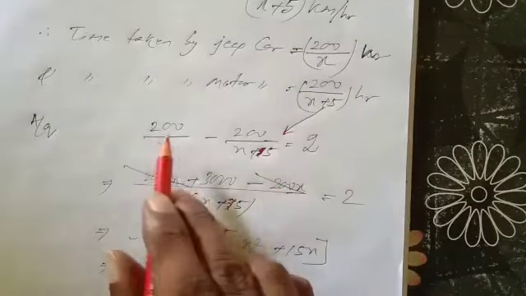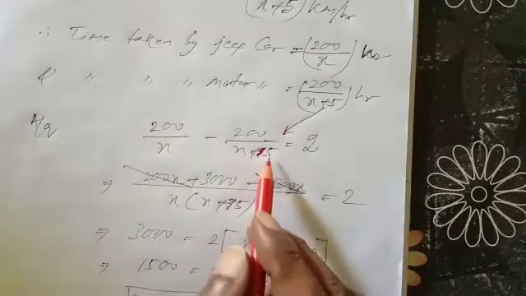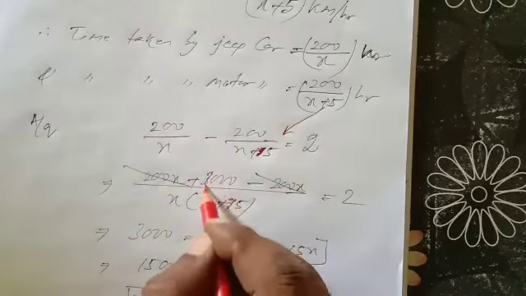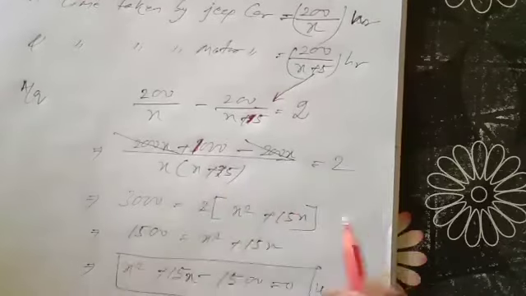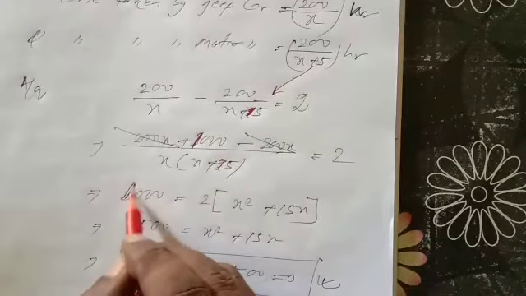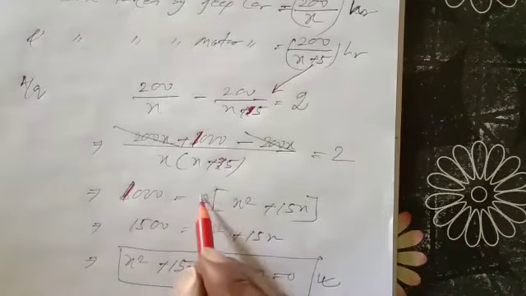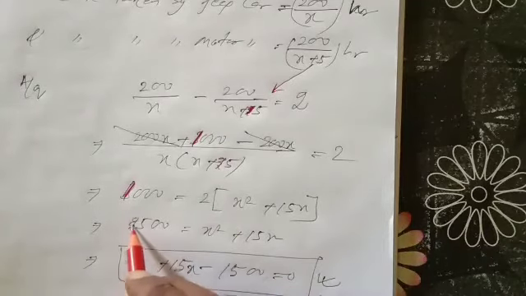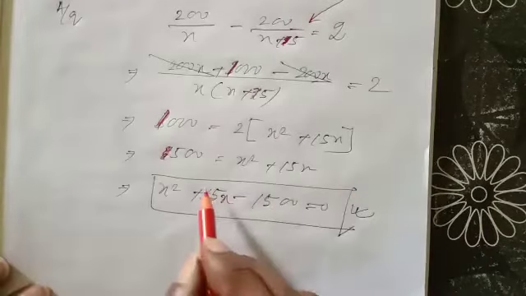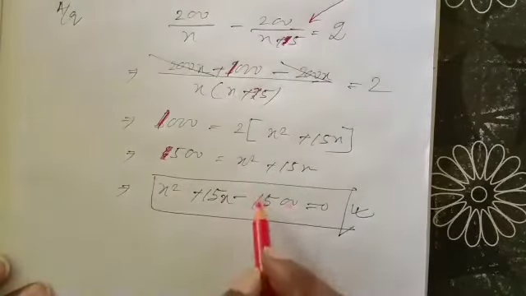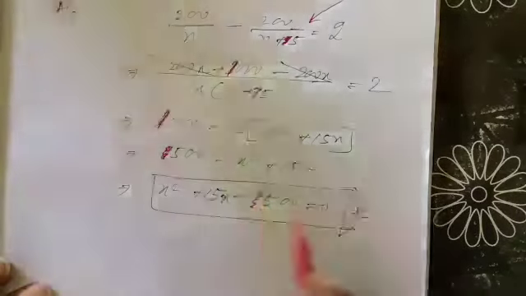And now, this will be 200x, 200 into 5, that is 1000. If you cancel 1000 by 2, it will be 500. Now it is coming x square plus 5x minus 500 equal to 0.